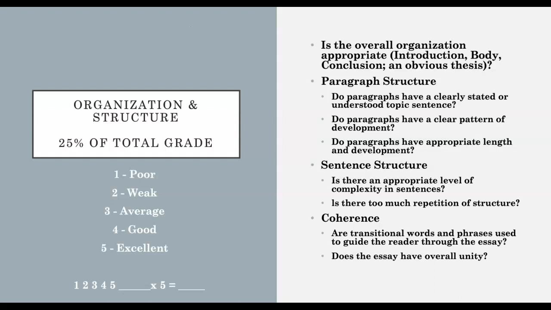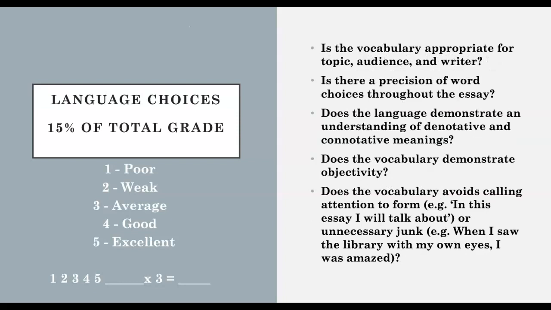So remember to revise for sentence structure even after you've written just one draft of your essay. Are things coherent as well? That's using transitional words and phrases throughout the essay so you can guide your reader as they go along. And is there unity in what we have in the organization and structure? And of course, scored 1 to 5 in this category as well.